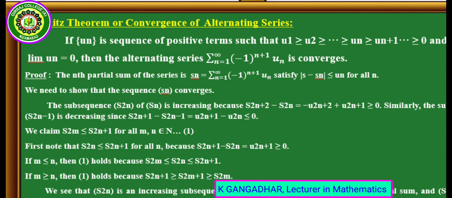So it satisfies mod s minus S_n less than or equal to u_n for all n. So we need to show that the sequence S_n converges. We need to show that the nth partial sum of the series is convergent. Then we say that the given series is convergent.